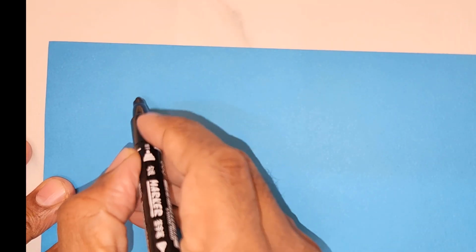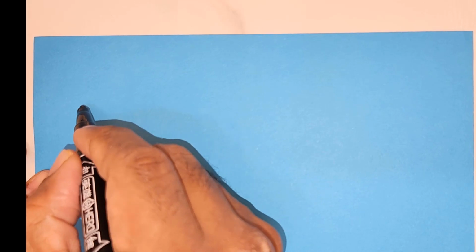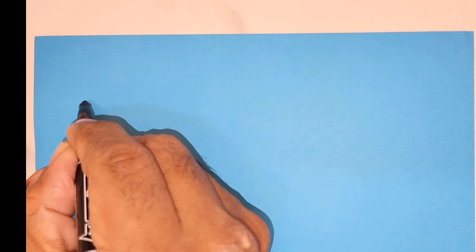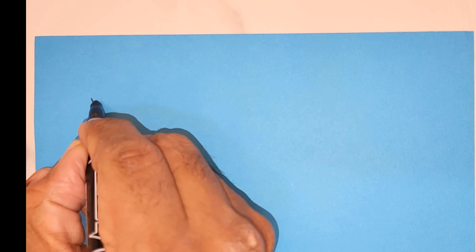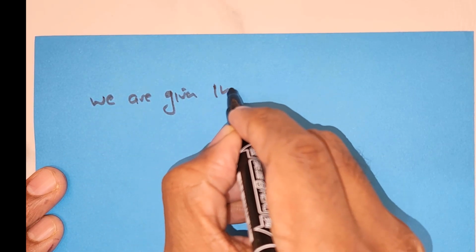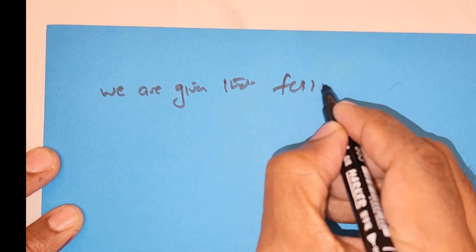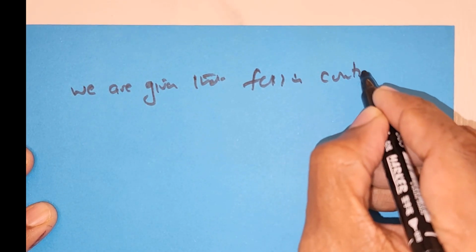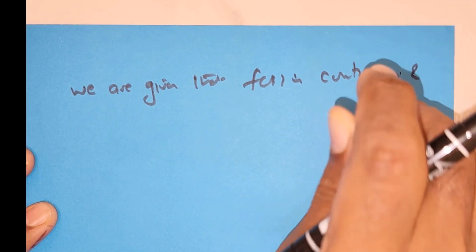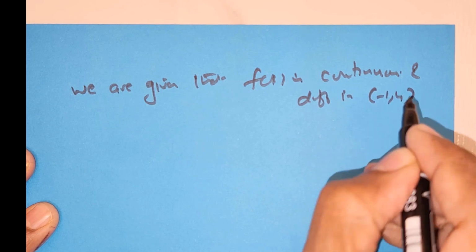Now what we are going to do is apply the concepts of the mean value theorem along with the definition of the function given in the question. So we are given that f of x is continuous and differentiable in the interval negative 1 comma 4.